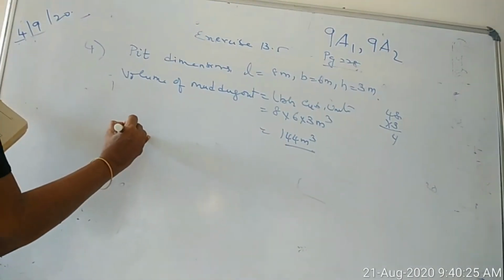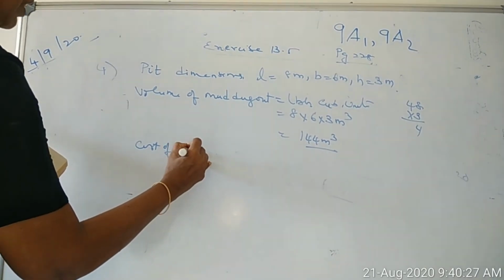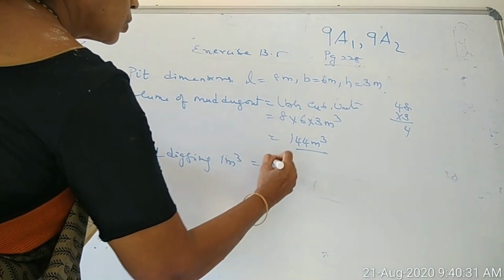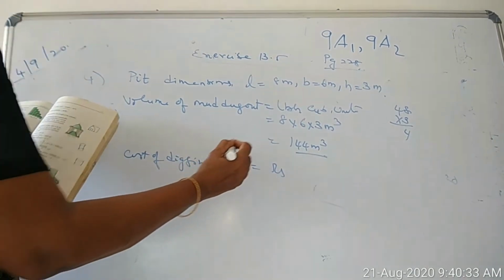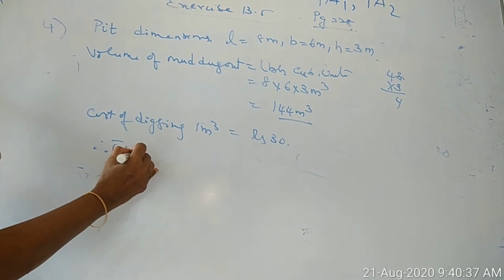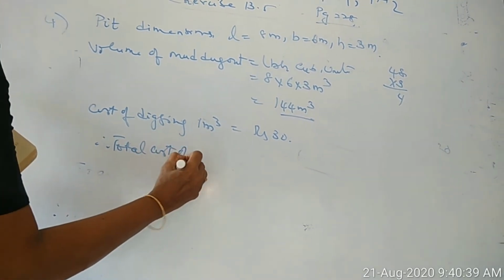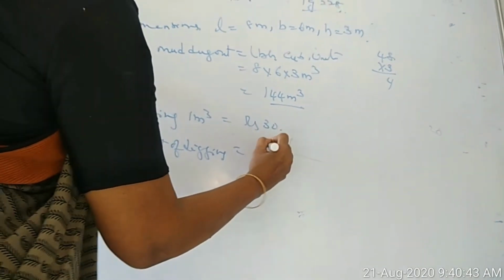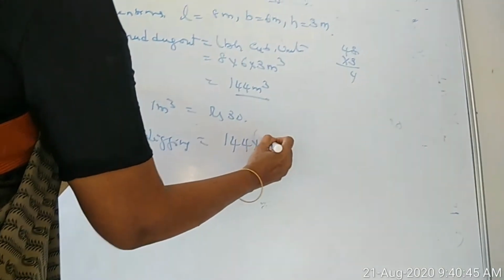And what is the cost of digging, children? The cost of digging: 1 meter cube is rupees how much? 30. Therefore, the total cost of digging, when you know the cost of 1 meter cube, is the volume into 30.